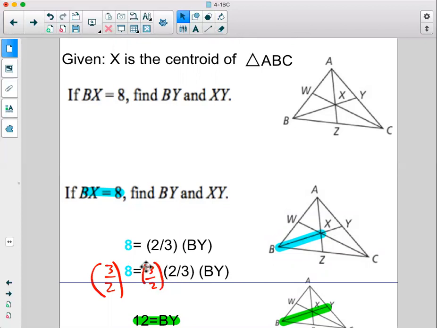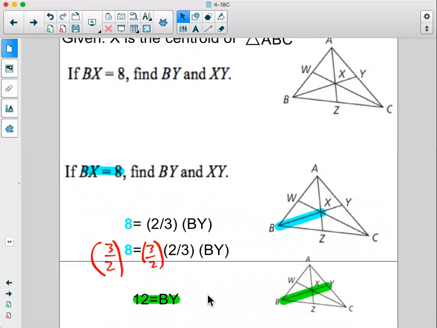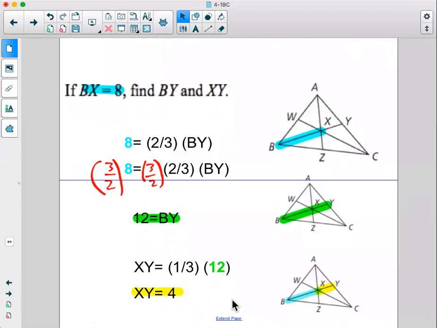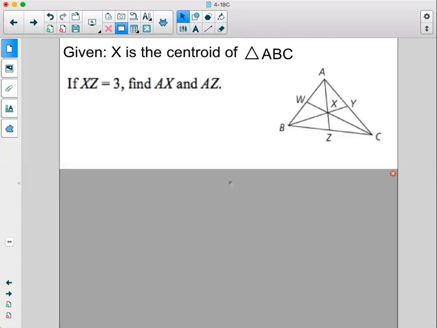So we multiply both sides by 3/2, and we get 3/2 times 8 is 12. So now we know the whole median is 12. Now to find XY, that's the 1/3 chunk, and we know that's 1/3 of the whole, or 1/3 times 12, or 4. Pause, practice on your own paper, and then press play for the solution.